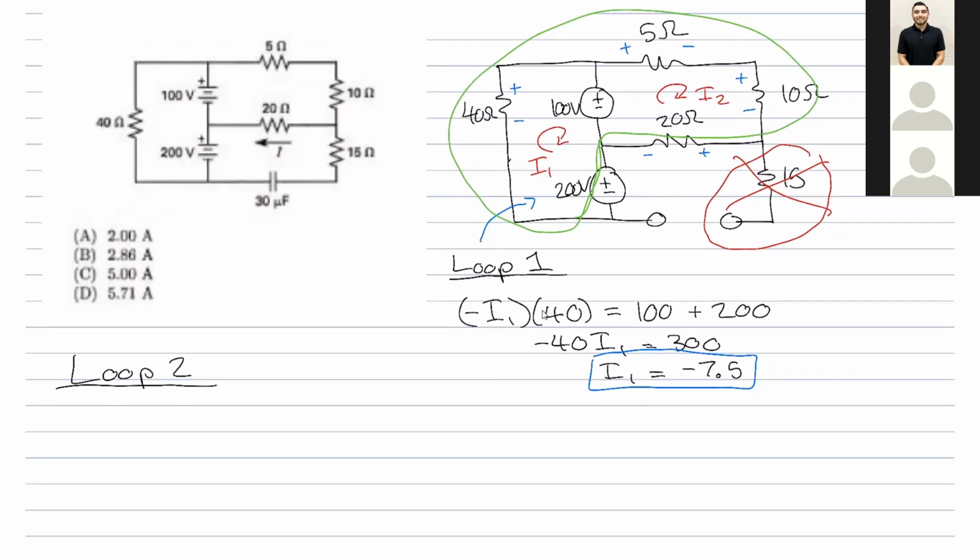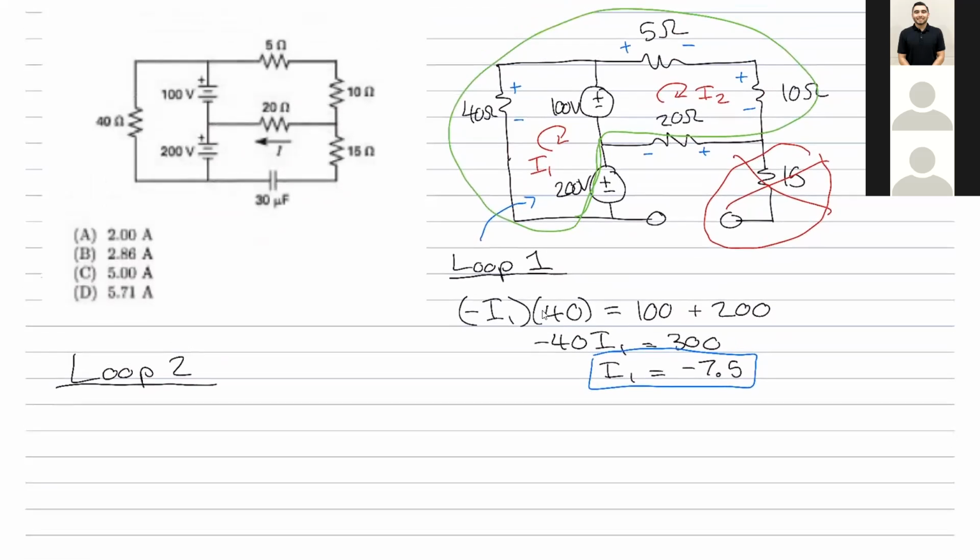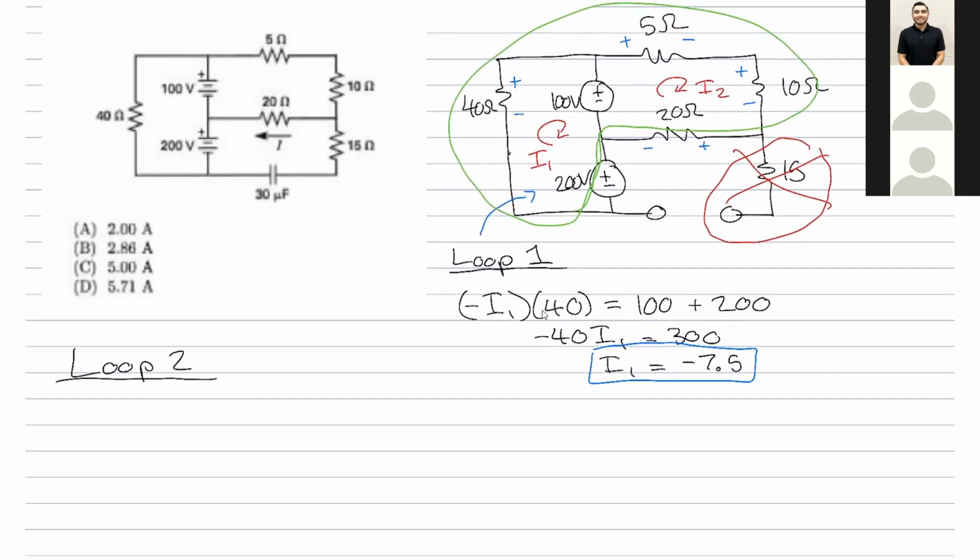Okay, so starting from here, this is going to be a drop. Oh no, yeah, this is a plus to minus. Yeah, it's a drop and a rise, then a drop, then a drop, then another drop. So let's do it. We'll just start from the left resistor on the side. That's going to be negative I1 times 40.